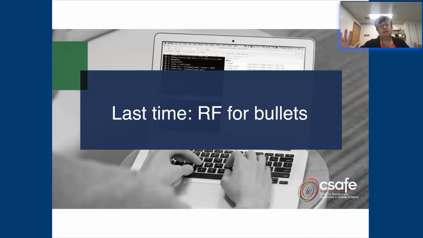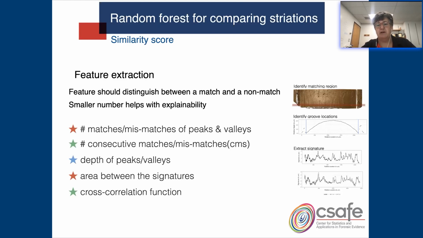So last time we were talking about random forests, and our application was random forests for assessing the similarity between land engraved areas. So we got a random forest score for that.